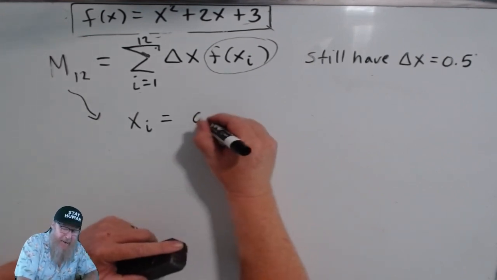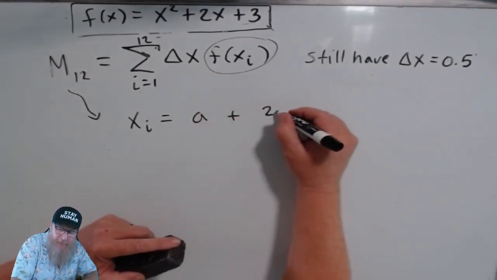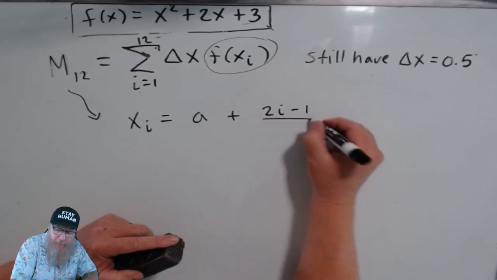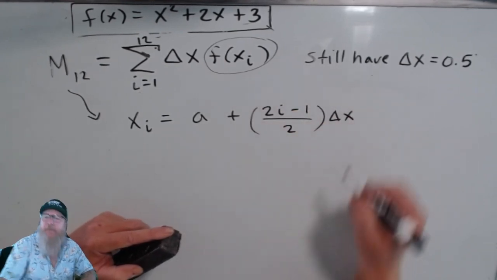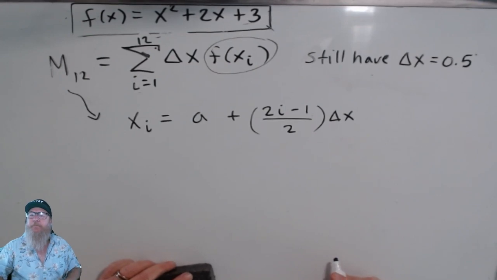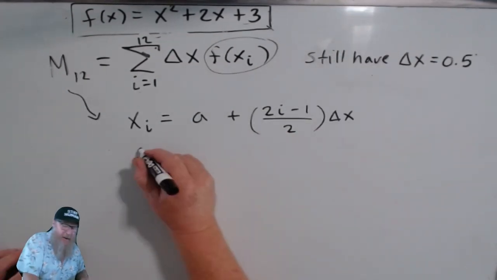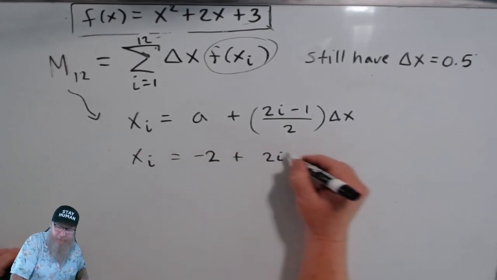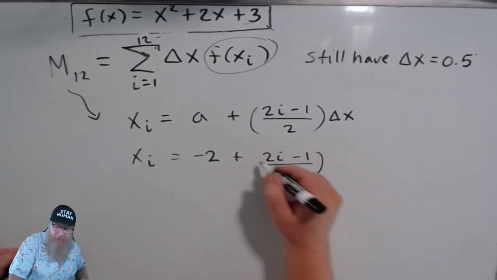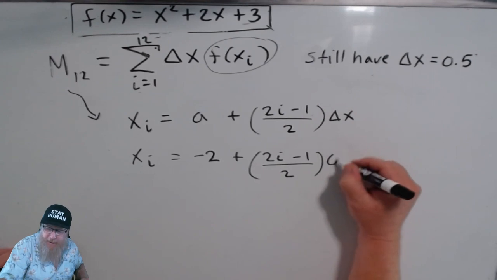So it's going to be a plus 2i minus 1 over 2 times delta x. I erased it, but our a was negative 2. It's the same as it was in all the others. And our delta x is 0.5.